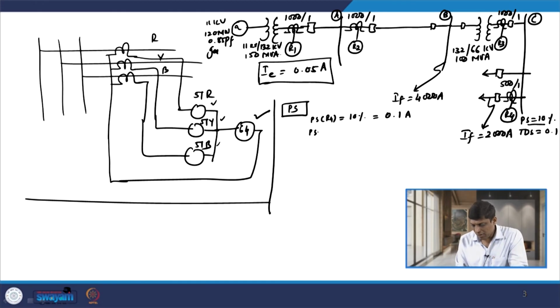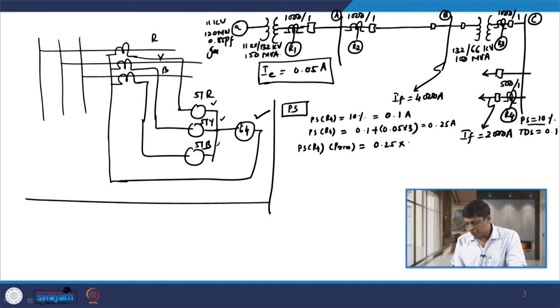So, the plug setting of relay R4 considering the excitation current of 3 line CTs is 0.1 plus 0.05 into 3, because we have 3 line CTs. This comes out to be 0.25 ampere. Now, when I transfer this current to the primary of the CT connected with relay R4, the plug setting of relay R4 on the primary side is 0.25 multiplied by the CT ratio, 500, which is 125 ampere.